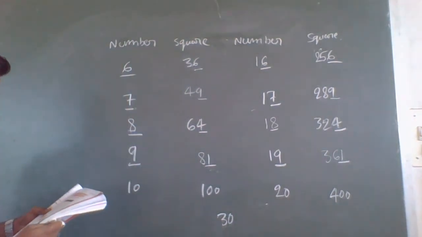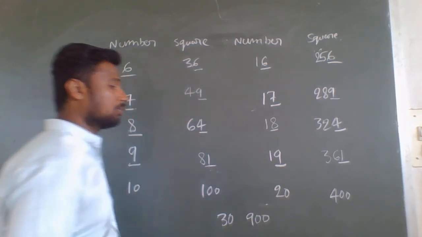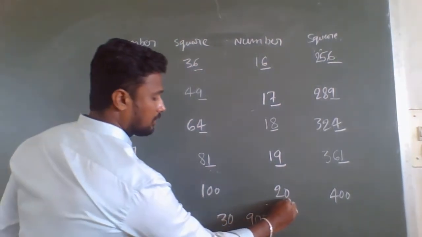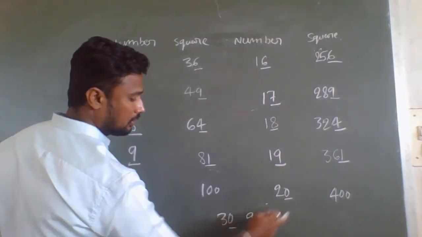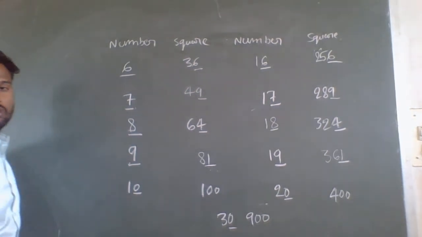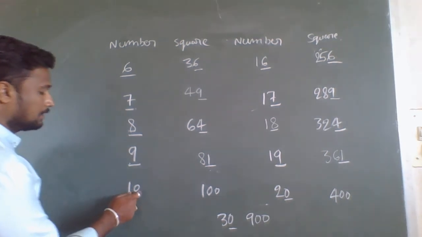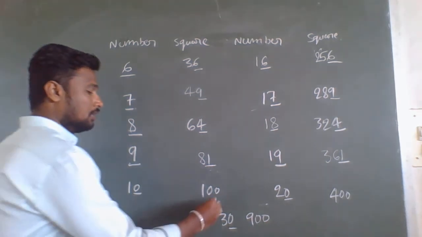And 30 square they have given 900. And now you can observe that 0 is there at the unit place, in 10, 20, 30. So when 0 is there at the unit place, always the square number ends with 0 only.